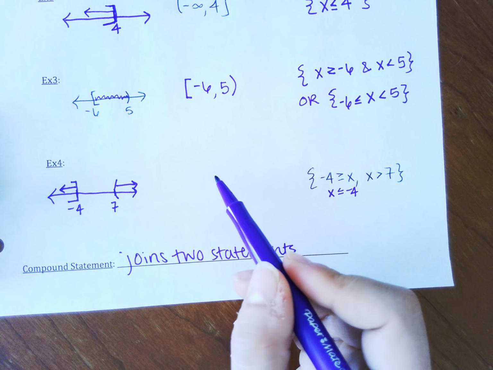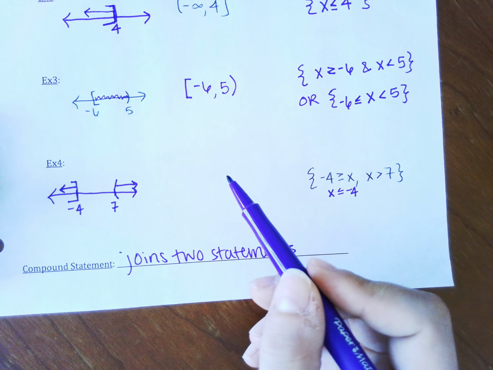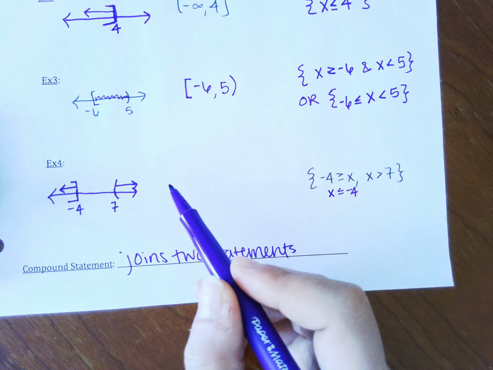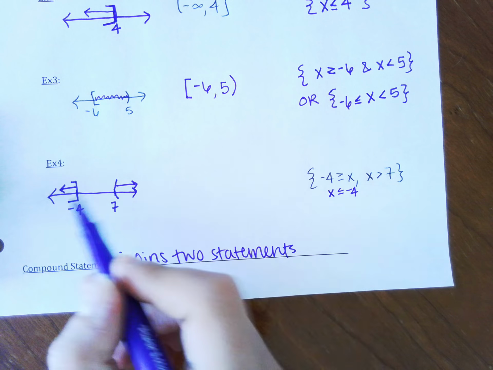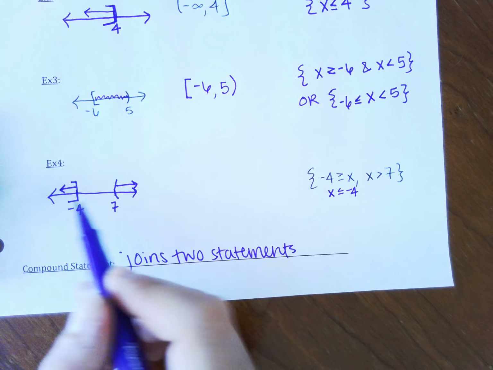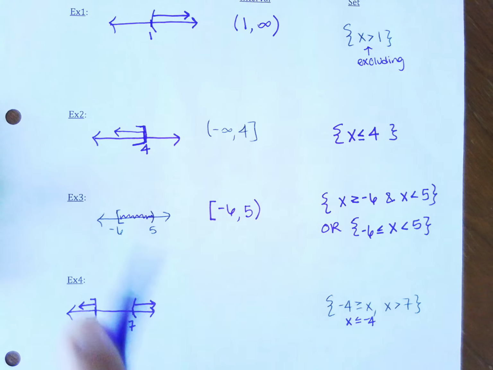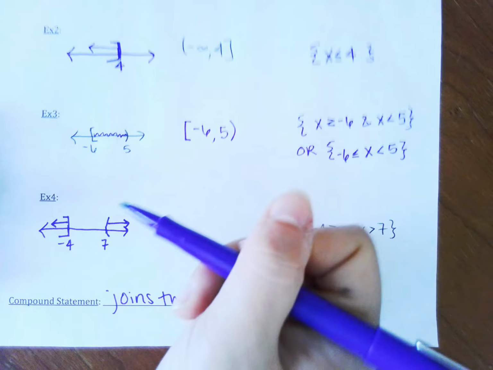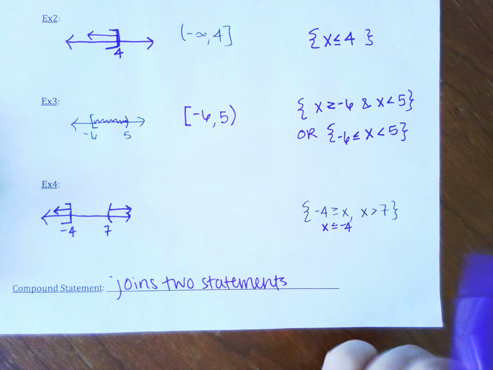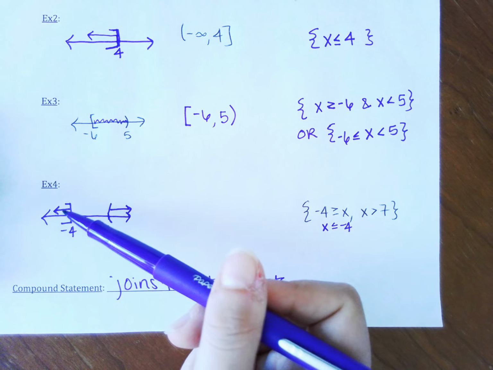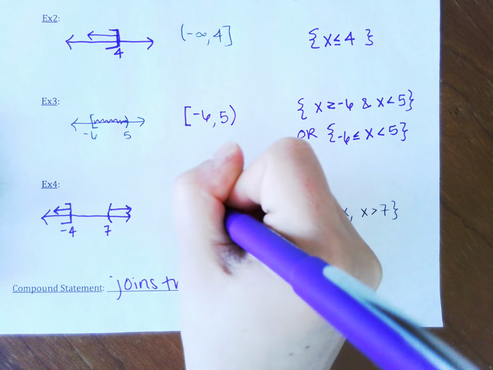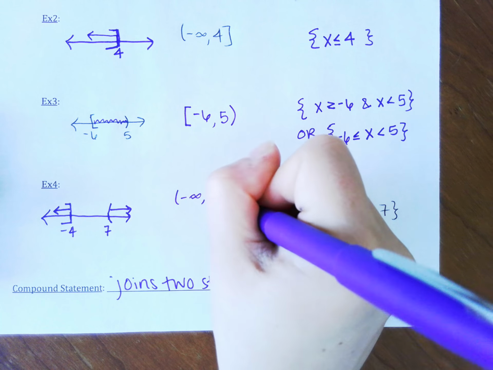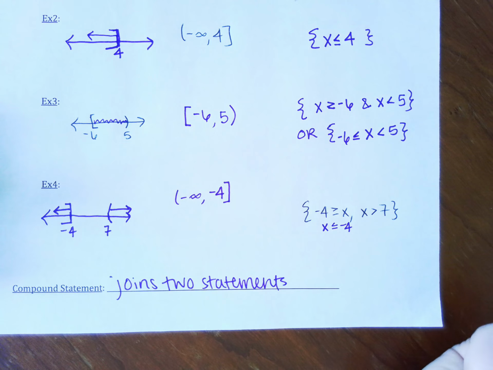For our interval, it's a little bit harder to decide. We have two different things that are acting on this. So the first one is kind of like this one up here. So we're using kind of the same idea. We are taking this inequality that we have, this graphical representation, all the way to the left, meaning our left endpoint is -infinity, and we are going up to -4 with an included hard bracket.